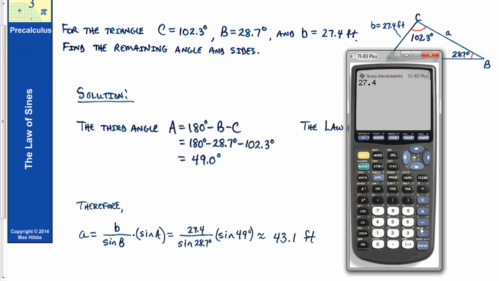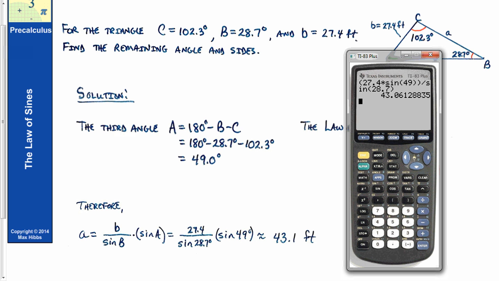If I'm going to put it all in the numerator, I'm going to say, okay, the numerator is 27.4 times the sine of 49 degrees, close sine, close numerator, divided by the sine of 28.7 degrees, close sine.